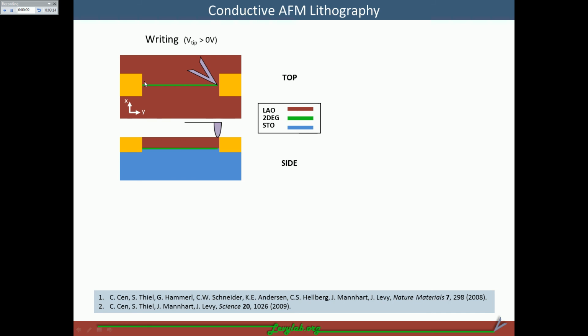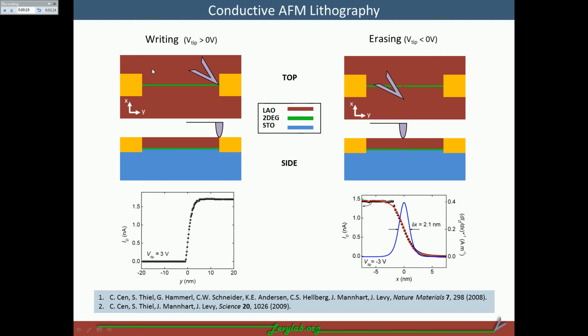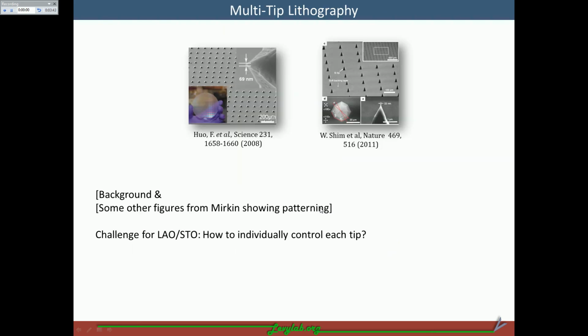When we scan that across the surface, we create a conducting nanowire at the interface. If we apply a negative bias to the tip, we can then either erase the entire structure or put a potential barrier in the wire. By measuring a conductance drop or by doing PFM imaging, as you just heard, we can extract the width of these wires.